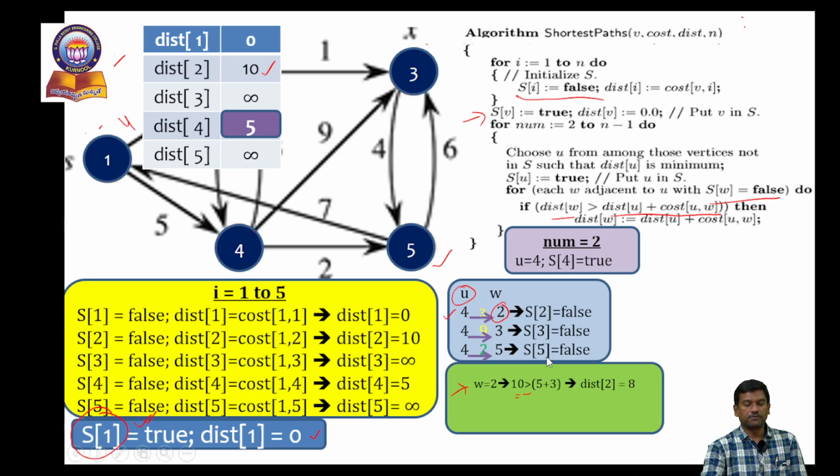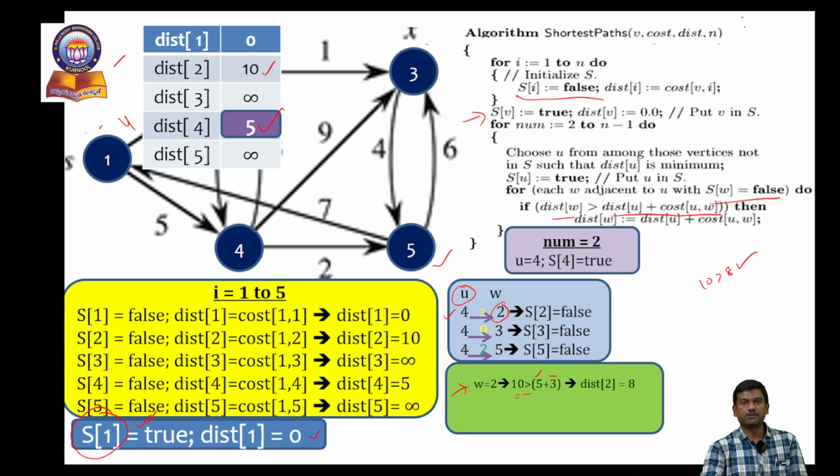So distance of 4, what is the distance of 4? That is 5, plus cost of u comma w. U value is 4 and w value is 2. Cost of 4 comma 2 will be equal to 3. So is 10 greater than 5 plus 3? So 10 is greater than 8. It is the true condition.